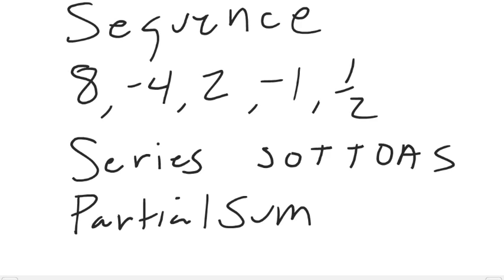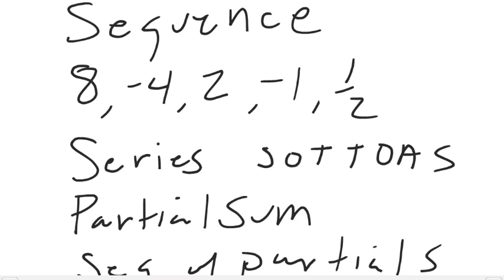And now we're going to come all the way back around and we're going to have a sequence of partial sums. And a sequence of partial sums is exactly what the name says it is. It is a sequence that you generate by writing the partial sums of the sequence. Now, if that didn't make your head hurt, I don't know what does.